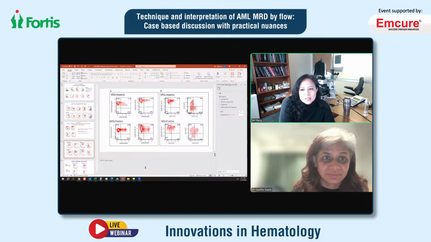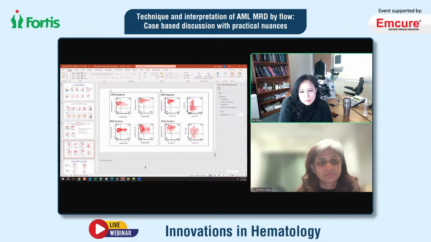So yeah, mast cells definitely, we found it's quite useful in AML with t(8;21), because even in inversion 16, a lot of times you have aberrant mast cells. So it actually really helps you. I think one thing you have to be more careful about with mast cells is they tend to go away slowly.